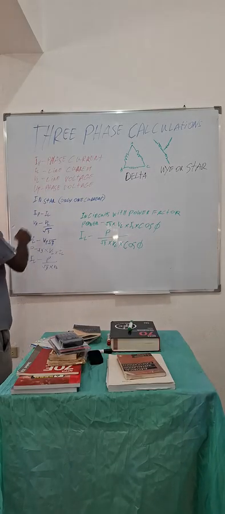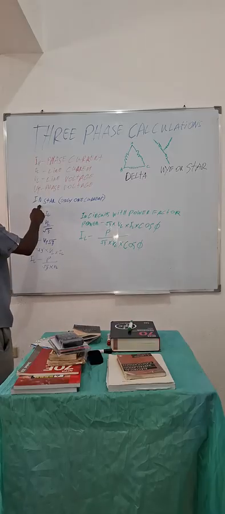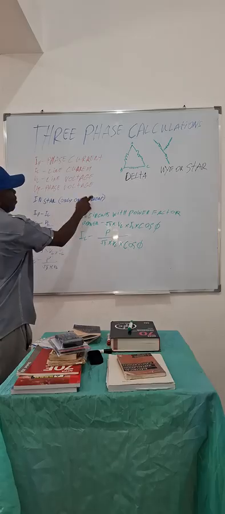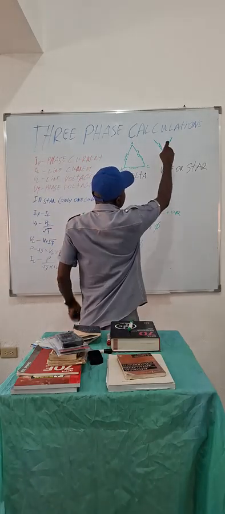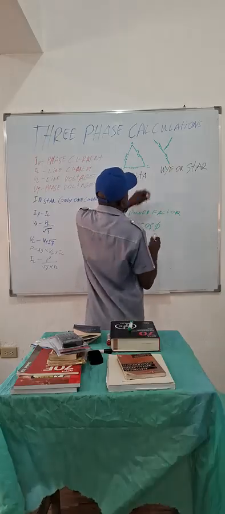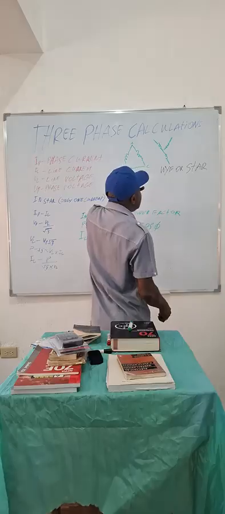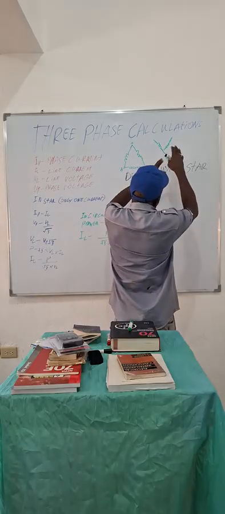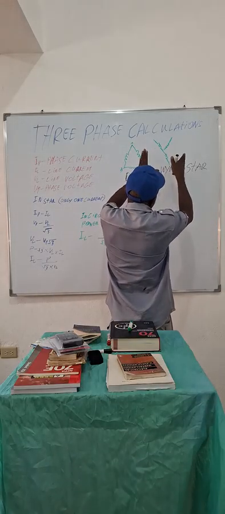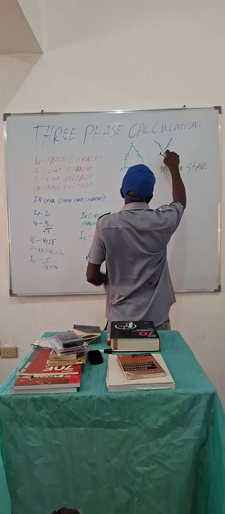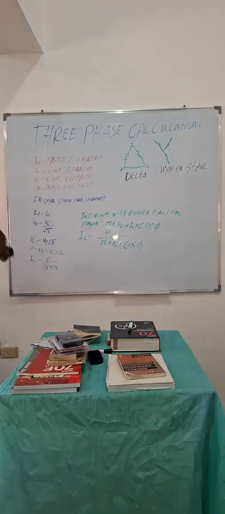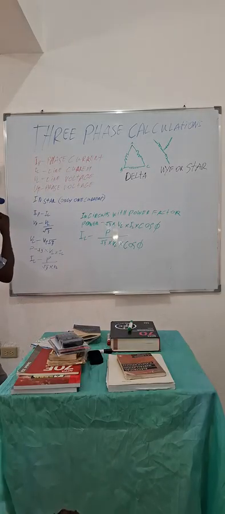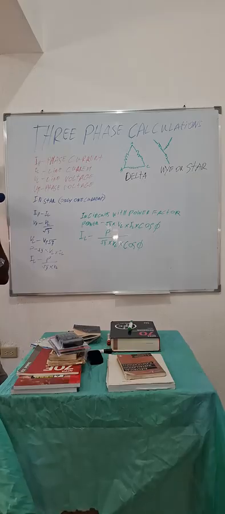In a star system, only one current flows, whether it's between phase or line. So let's go through and interpret our formulas.